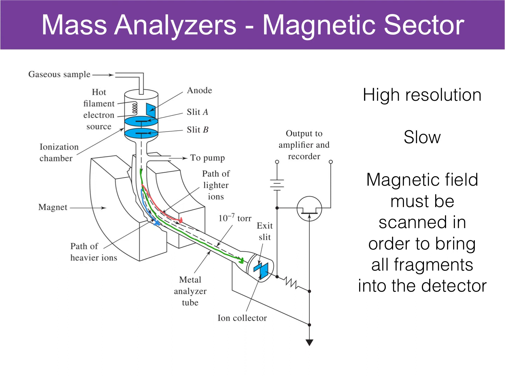This sort of magnetic selector is very high resolution. It really only lets through one mass at a time, but it's very slow. We must scan the magnetic field and allow each mass to hit the detector one at a time. And so that causes this to be slow.